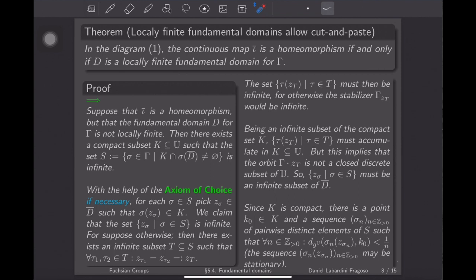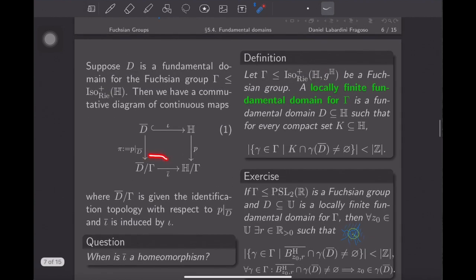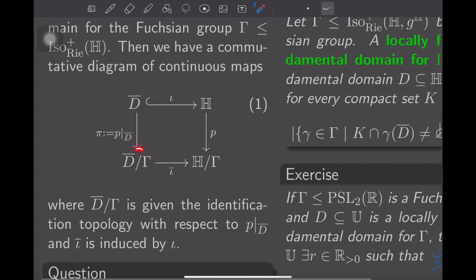Okay, so the proof of this is a bit heavy. Suppose this iota bar, so this map, is a homeomorphism. Remember, this is kind of in the fundamental domain. We glue things following the instructions of gamma, and here this is just the orbit space.